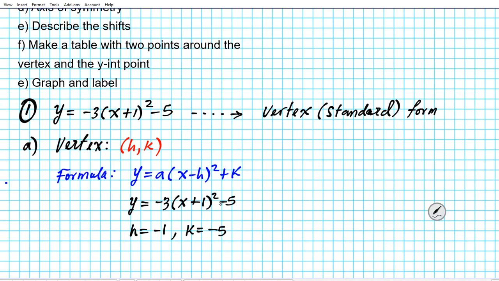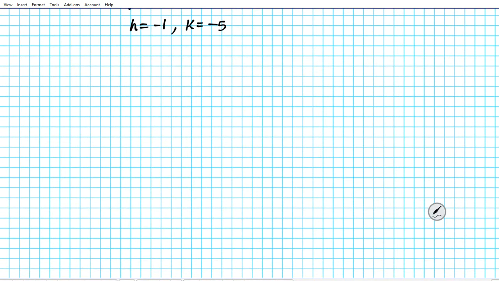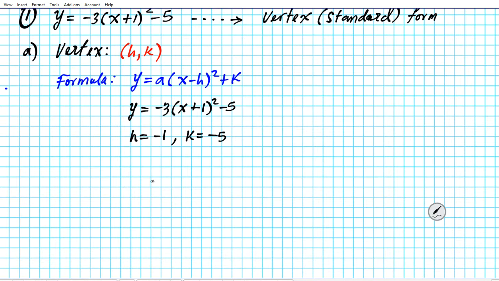For k, you simply take the constant that's added to or subtracted from the squared quantity. With that in mind, we can now write down our vertex. Since we know what h and k are, our vertex is going to be (negative 1, negative 5).